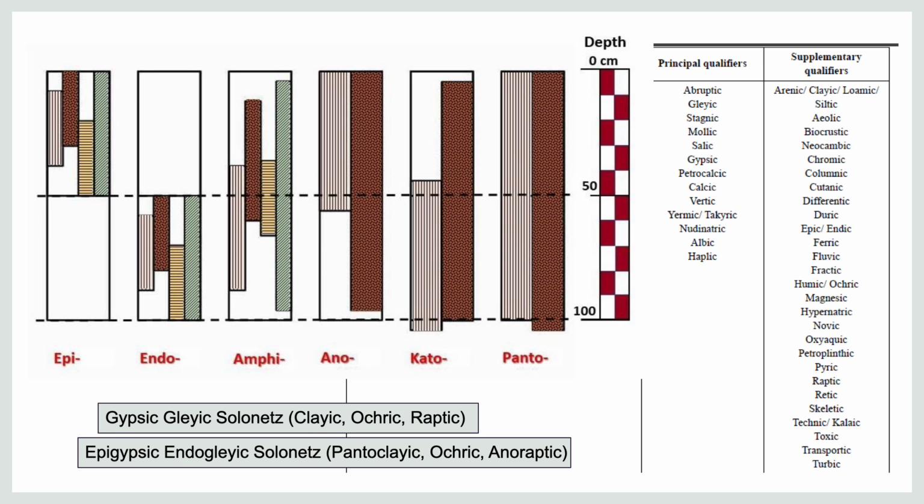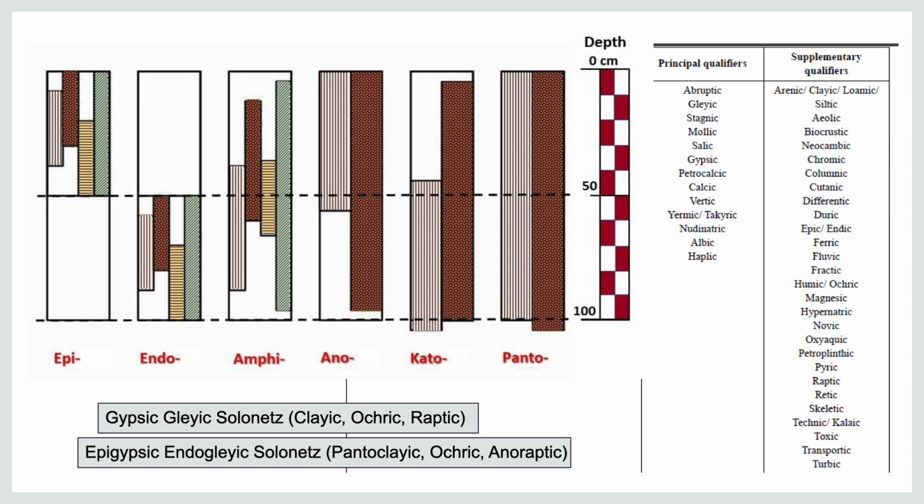We have a pantoclayic, which means that the whole soil profile registers clay texture. We have the ochric that expresses a low content of organic carbon at the surface and in the first centimeters of the soil profile. In this case, we don't add ano, kato, panto, amphi, anything. But we have here anoraptic. Raptic is related to lithic discontinuities, and in this case we have lithic discontinuities that start at 0 and end after 50 but before 100.